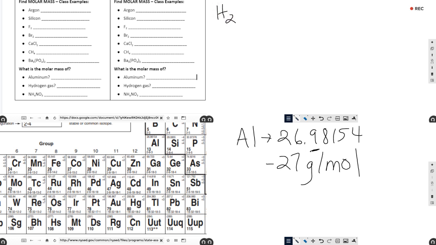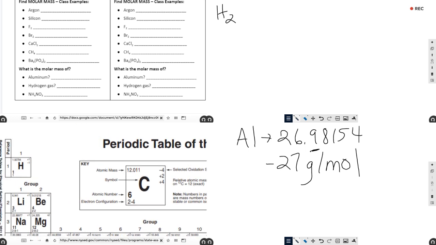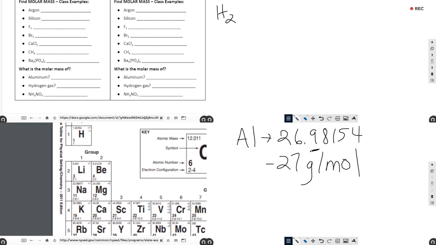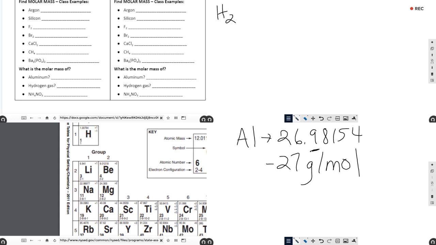So you got to remember the diatomic elements, okay? And sometimes that gets a little tricky because if it says hydrogen gas, that means it's in its natural state, which is diatomic. And if you remember, we rounded 1.00794 to 1. There's 2 of them, so times 2. So it is 2 grams per mole.